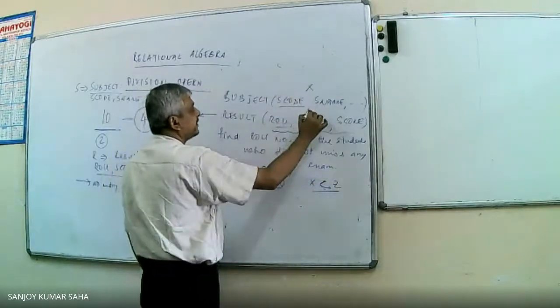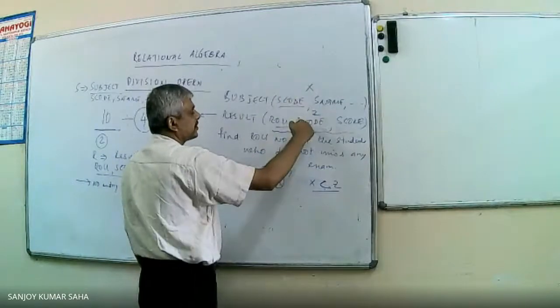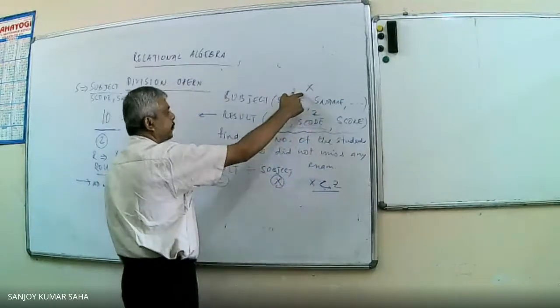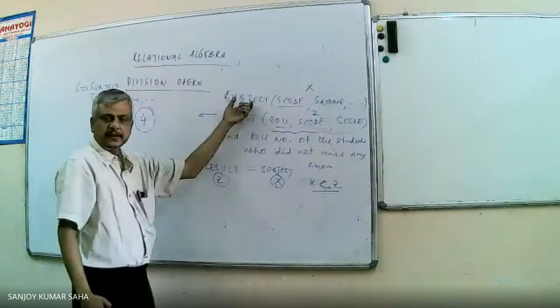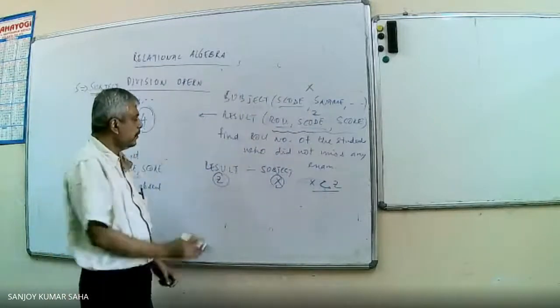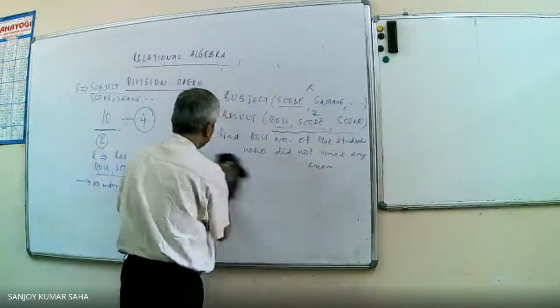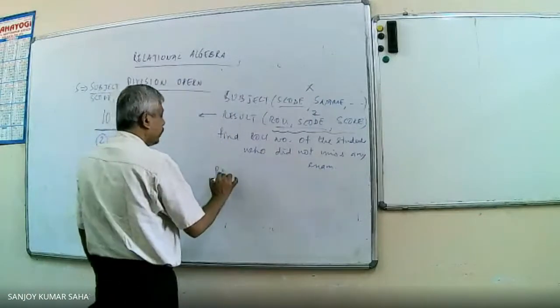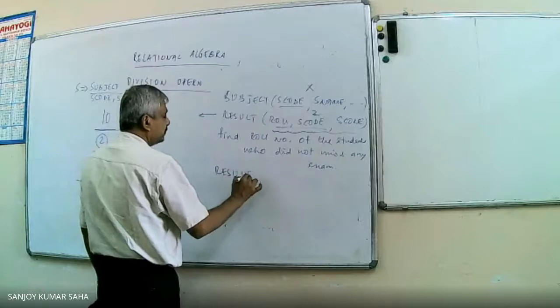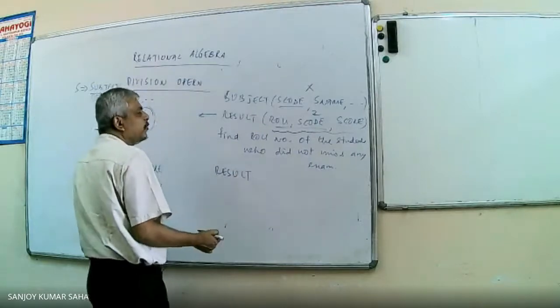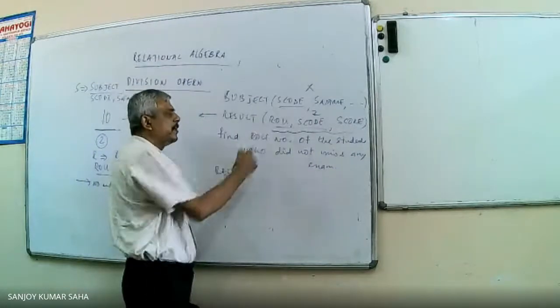But I need only the subject code. So we can take the projection. So instead of doing this, if we go for result, and again in the outcome, what I need is the roll number.